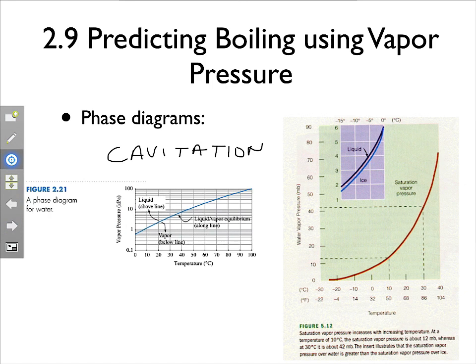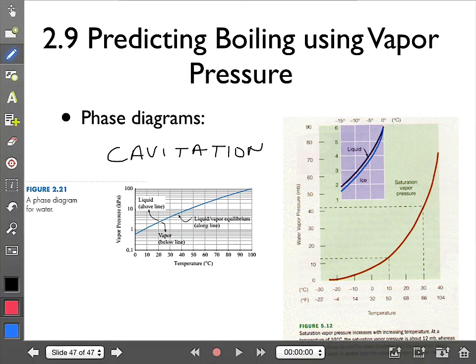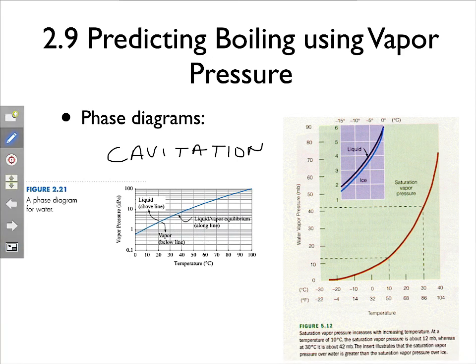So imagine we're in a pipe, and I'm going to grab my red pencil here. Imagine we're in a high pressure pipe and we're sitting at 30 degrees C, at this point here. What if something causes the pressure to decrease very rapidly? We will talk about how things like this can occur when we're talking about pipe flow.